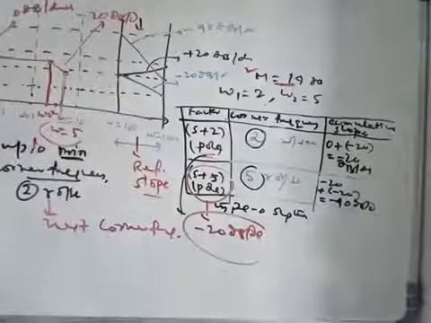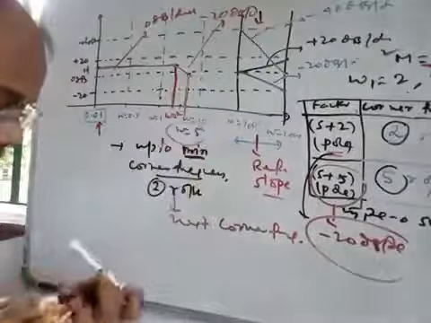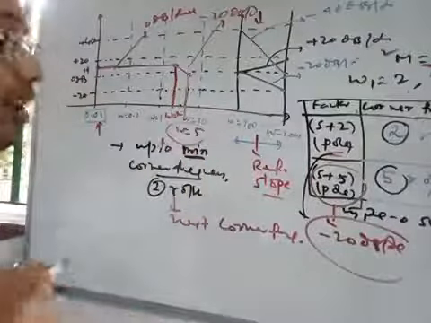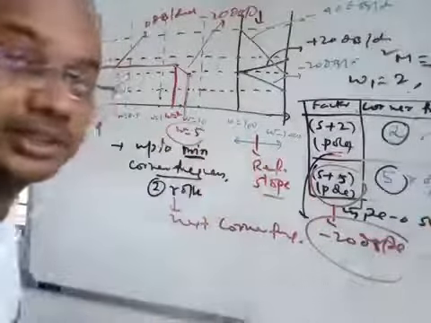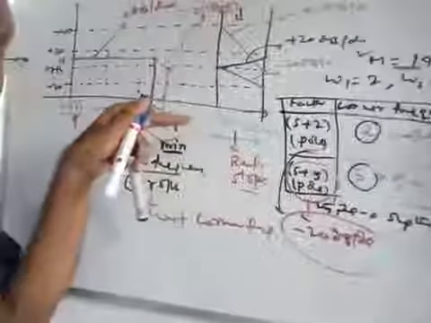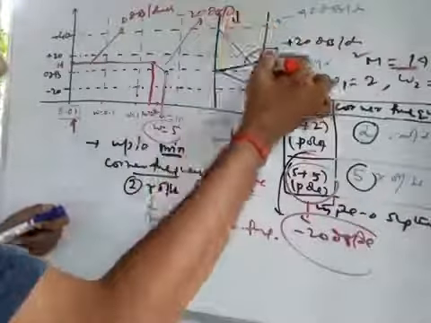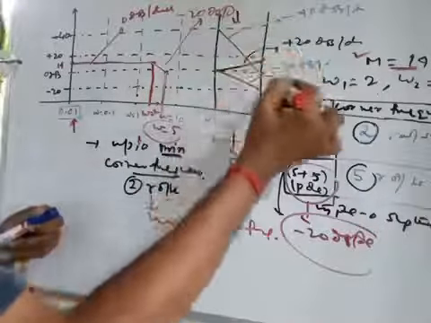So ultimately from omega is equal to 5, we will have to draw a slope of -40 dB per decade. You will have to draw a line parallel to this -40 dB per decade. This is your -40 dB reference line.